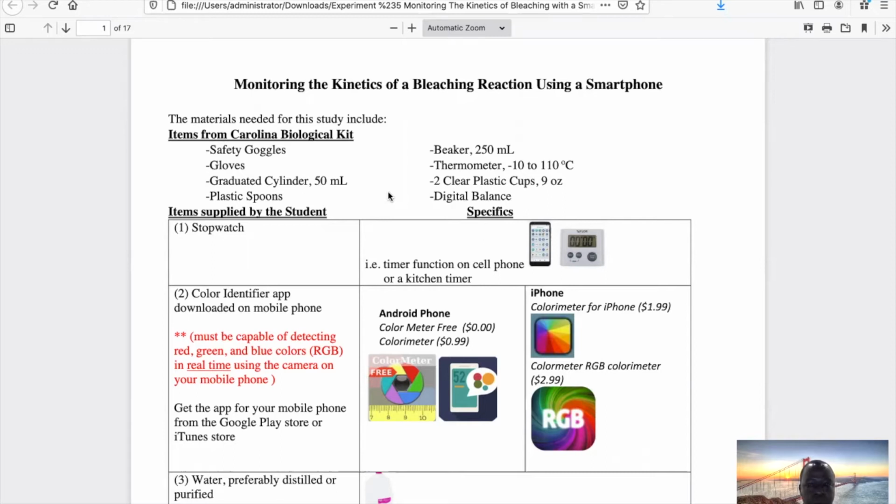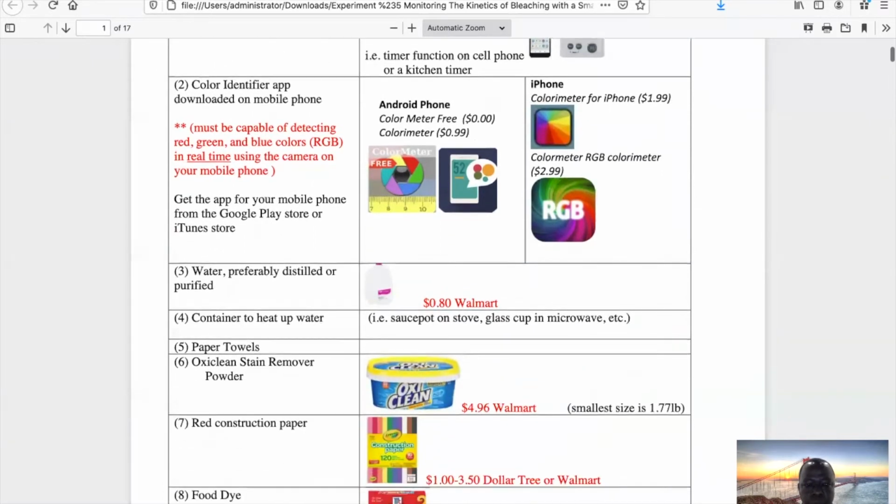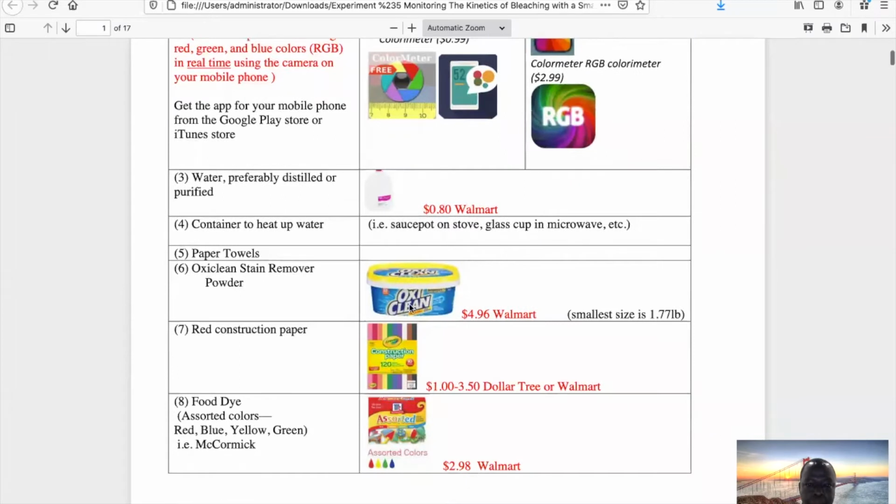Nevertheless, how this lab was to work is if you had a smartphone with the color detector app, you will react the peroxide in OxyClean to see the rate at which it is decolorizing the colored food dye, red, blue, yellow, and green.